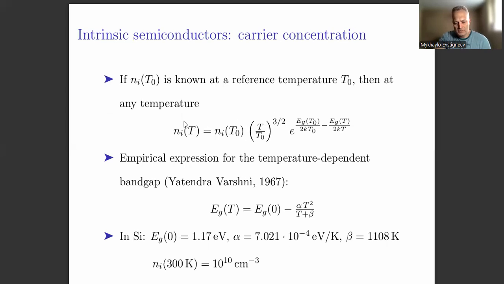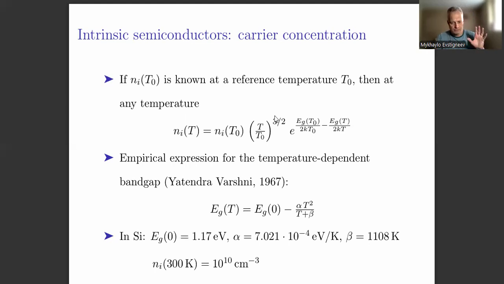The intrinsic concentration at a desired temperature T is the intrinsic concentration at the reference temperature T0, usually taken to be equal to 300 kelvins, times the ratio T over T0 to the power 3/2, times this exponential. Now, the ratio T over T0 to the power 3/2 recalculates the geometric average of the effective densities of states in C and P, because this geometric average behaves with temperature as T to the power 3/2.